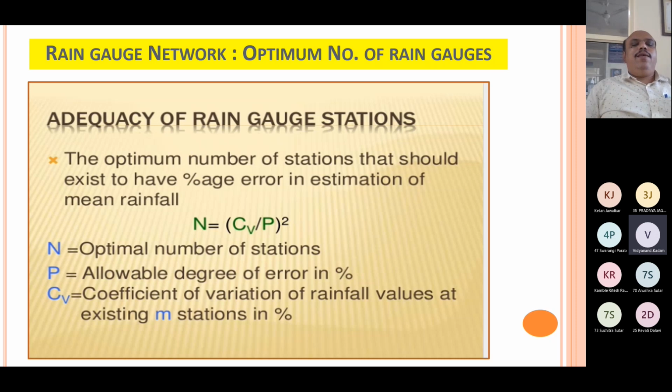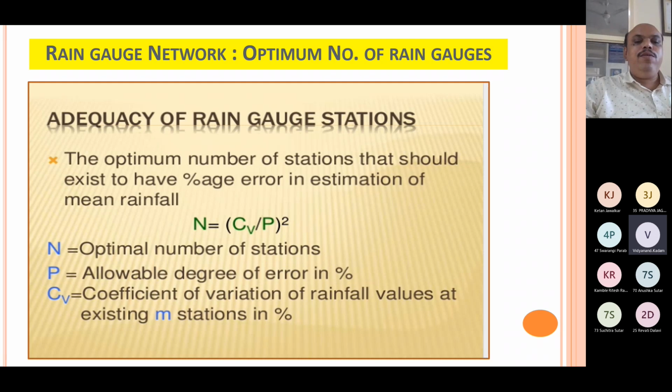Now the formula is N is equal to bracket CV upon P bracket square. So here N is optimum number of the rain gauge stations. P is allowable degree of error in estimation of mean rainfall, which is expressed in percentage.